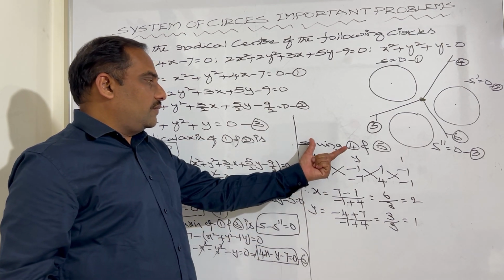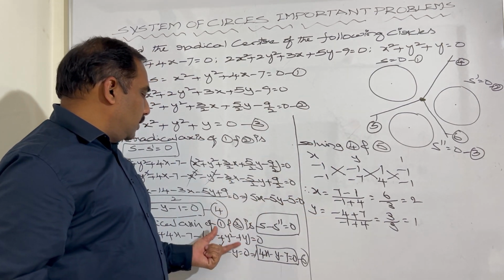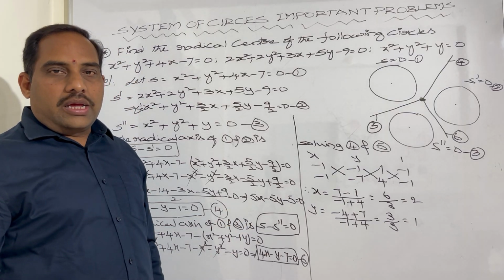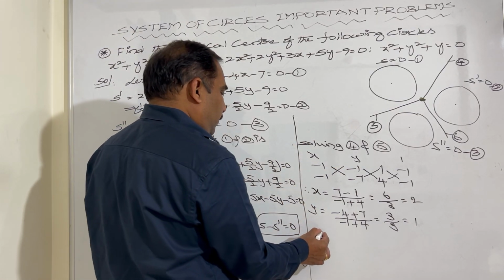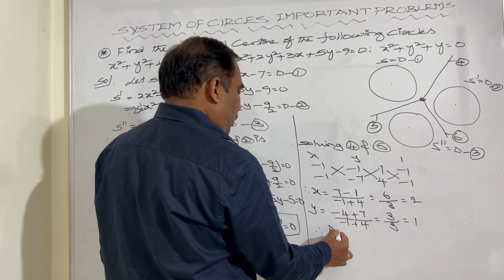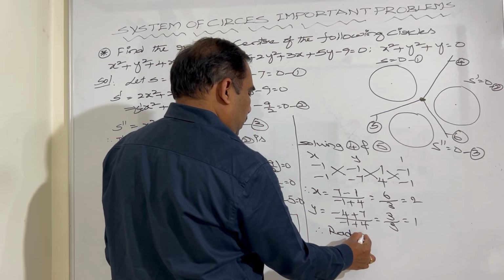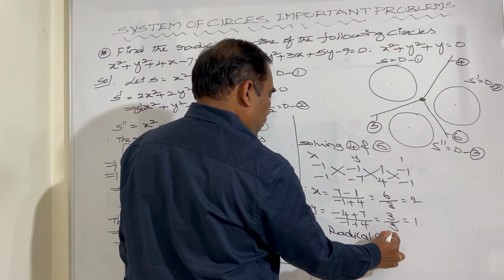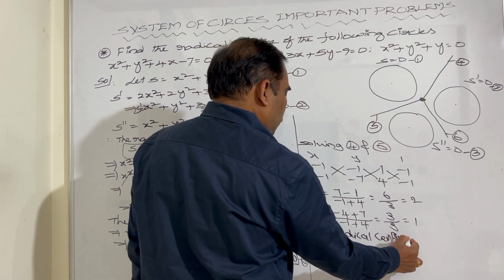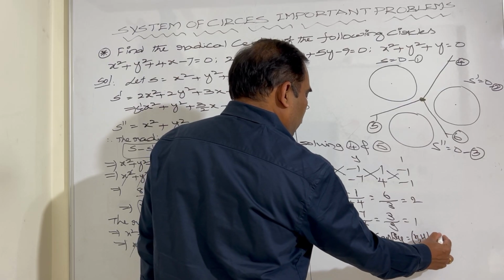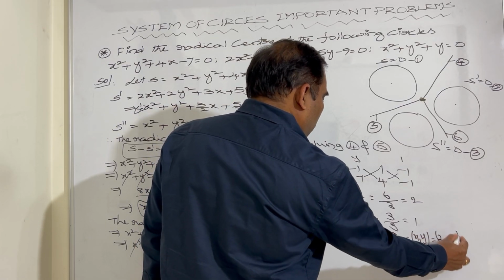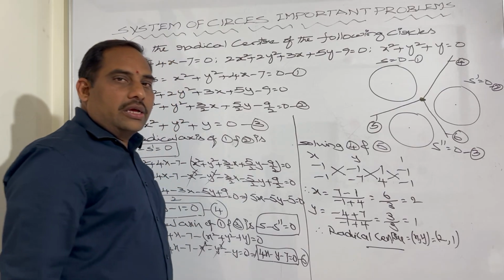The point of intersection of these two, that means the 4 and 5 radical axes, is the radical center. So therefore finally we can write the required radical center, that is x comma y, which is equal to 2, 1, which is the required radical center.